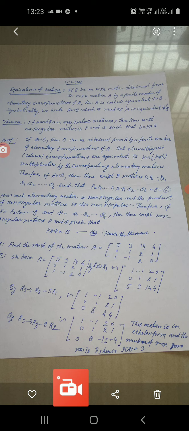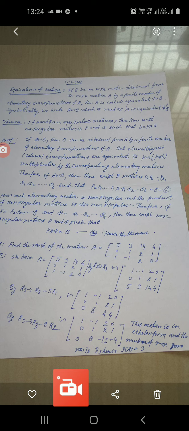Now you have to find the rank of the matrix. This is very important and it will also be in your practical copy. Find the rank of the matrix A, which is written row by row as 5 3 14 4, in the second row 0 1 2 1, and in the third row 1 minus 1 2 0.